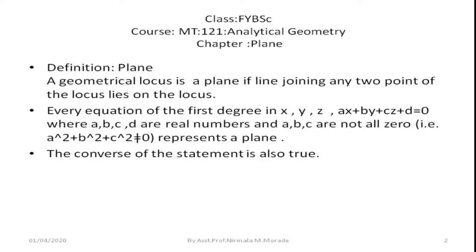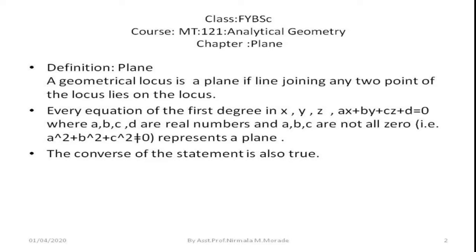Every first degree equation in x, y, z, that is ax plus by plus cz plus d equals 0, where a, b, c, d are real numbers and the coefficients a, b, c are not simultaneously 0. This can be put in a single condition, that is a square plus b square plus c square is not equal to 0.